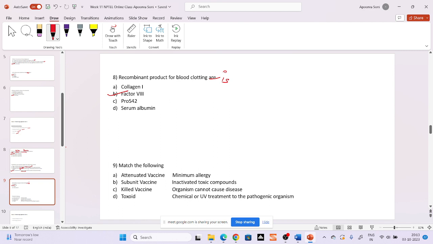So attenuated vaccine, what should be the option? Attenuated vaccine: organism cannot cause disease. Okay, so there is one answer, A. Then subunit vaccine.